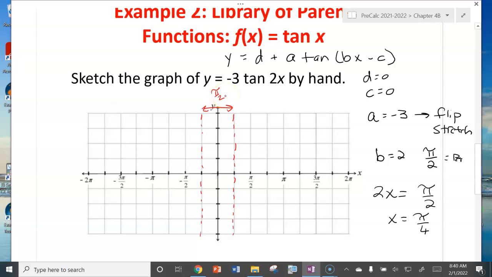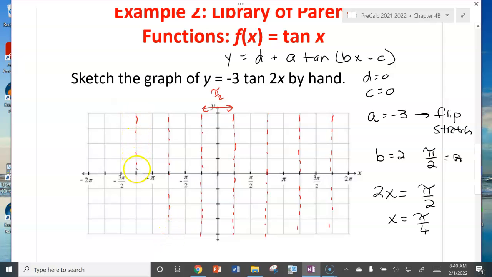And then every pi over 2, I will have another asymptote. So add pi over 2 to here. That brings me to here. And then to here. And then to here. And here.